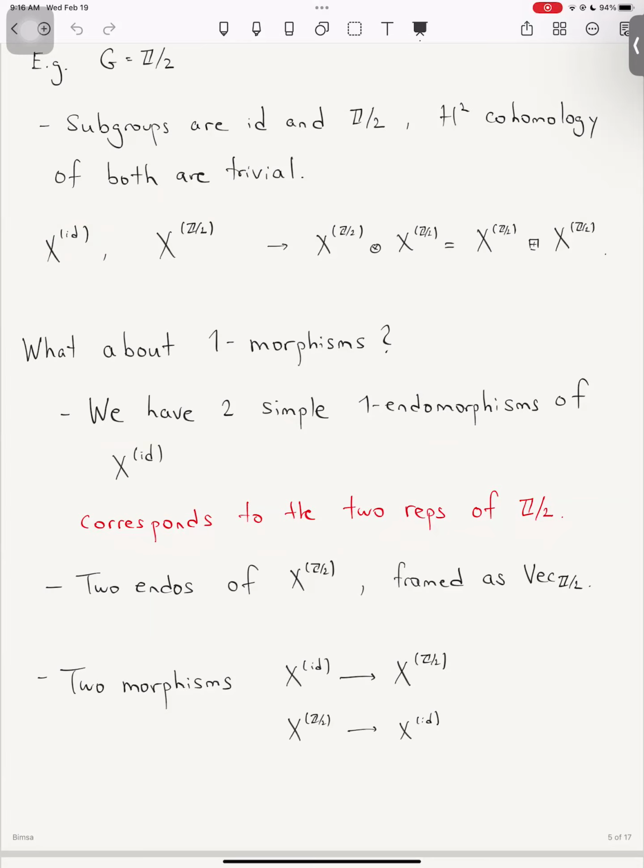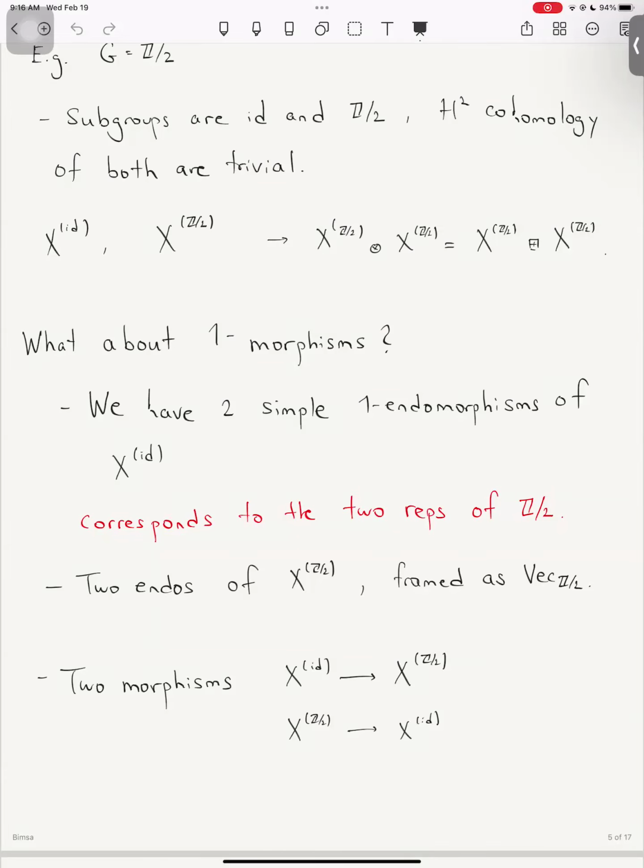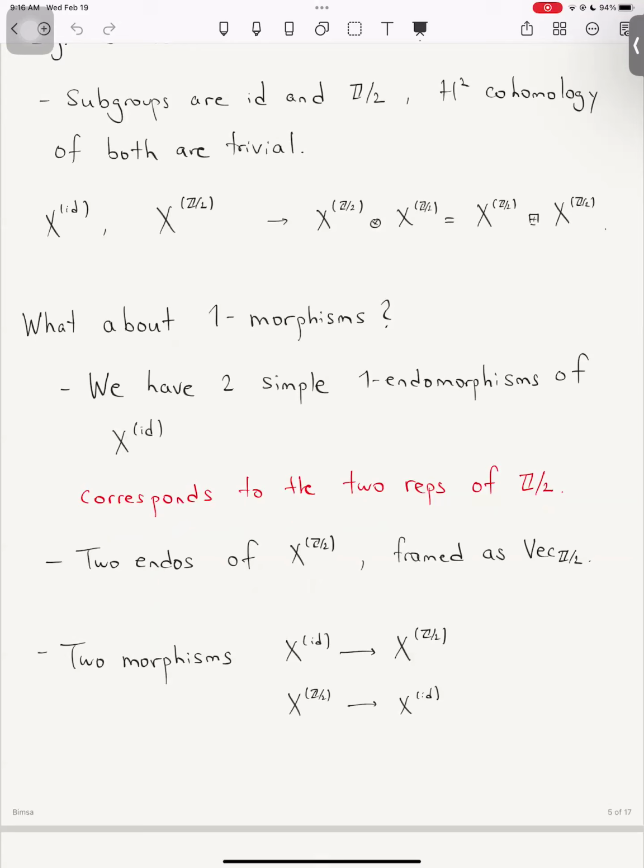So this morphism is just saying that I have a morphism from this object to itself. And that's given by a one category, and that one category is literally just the regular rep of C2. And then you also have two endos of this guy. These are formed by the category of Vec C2, basically by similar logic.